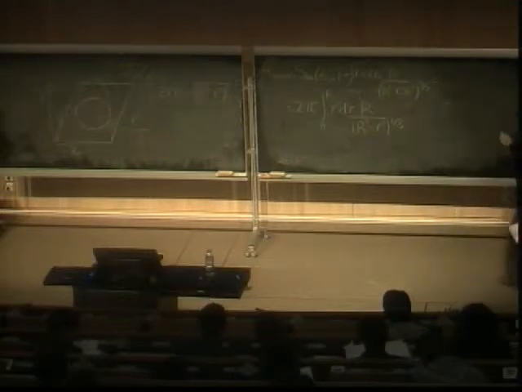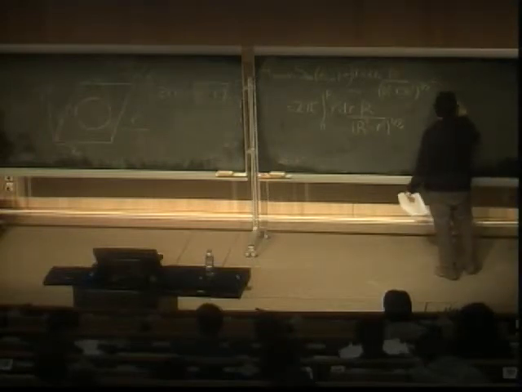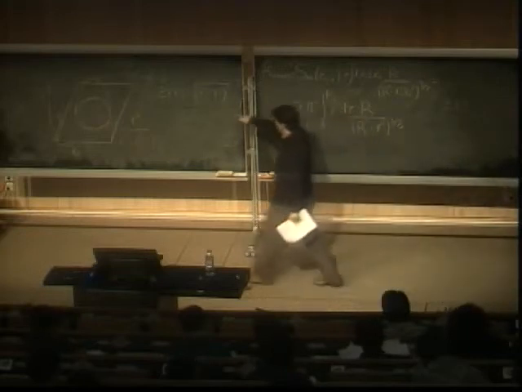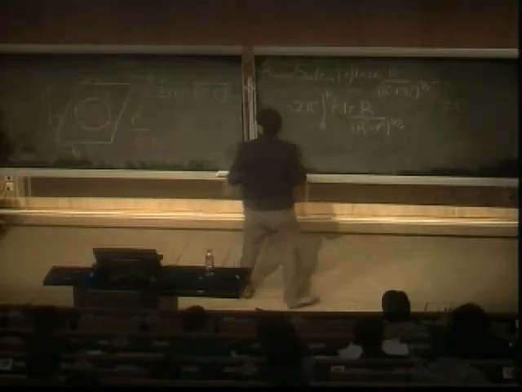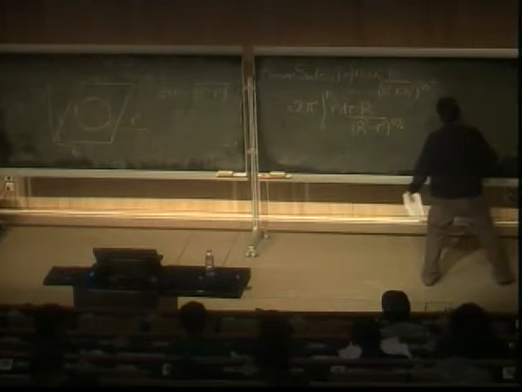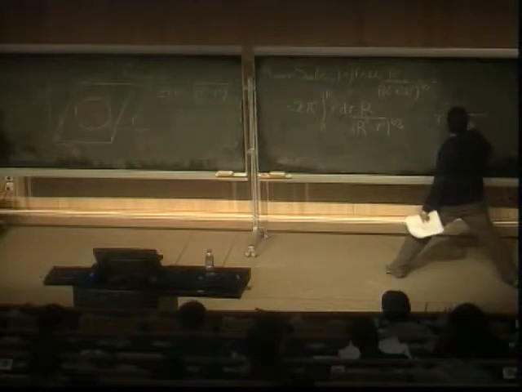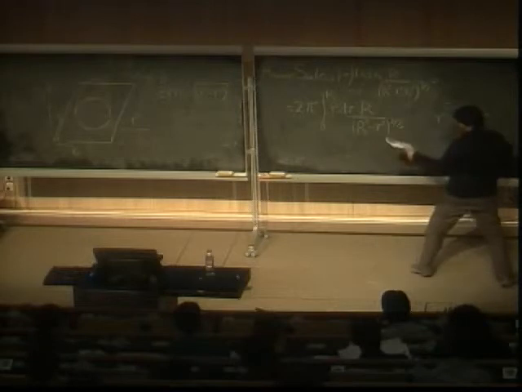So we require that z is bigger or equal than epsilon. We come here, and we see that this implies that little r is smaller or equal than the square root of R squared minus epsilon squared.